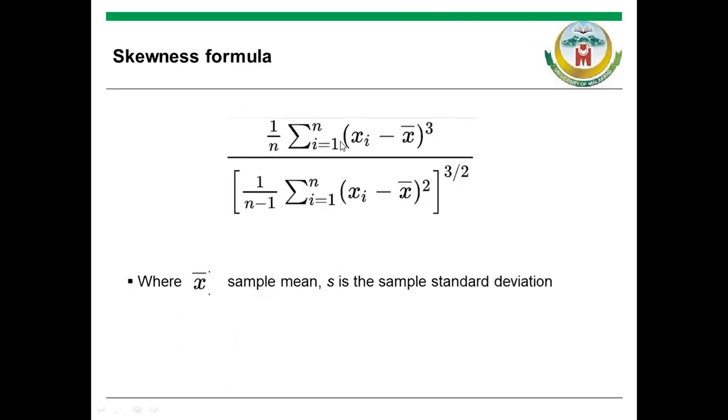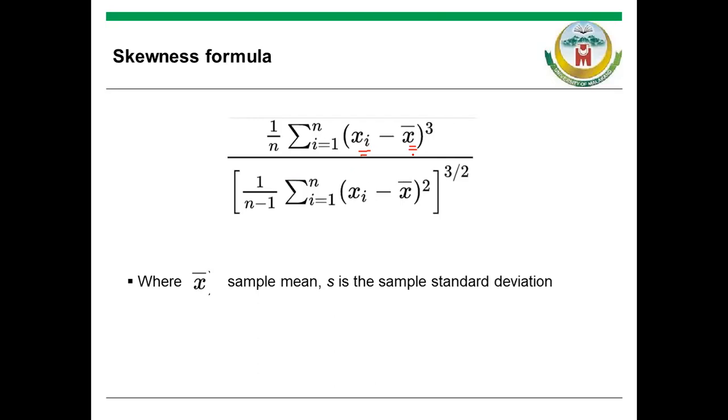Okay, now how is skew computed? So 1 over n, summation i from 1 up to n, of xi minus x bar raised to the power 3. Again, this x bar is the mu or average value or mean value of the sample, and you do this for each sample.